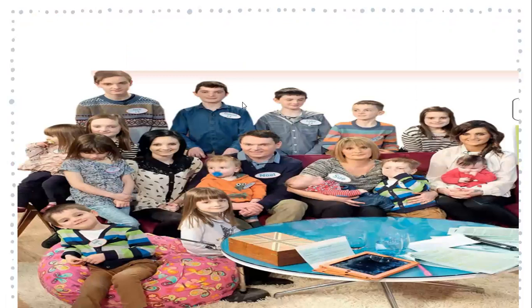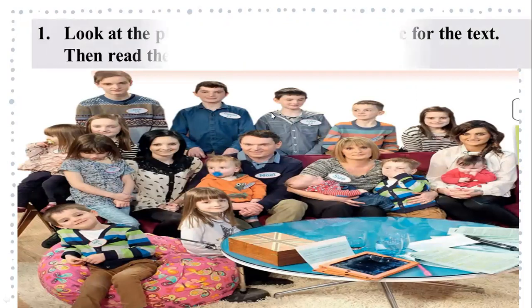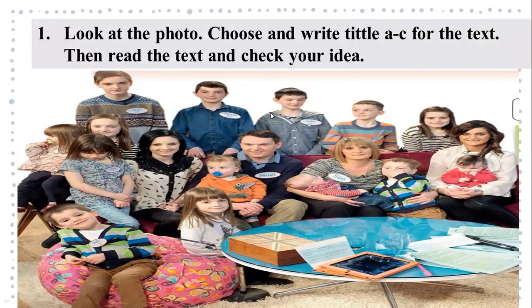Now, I'd like you to look at the picture again and choose the title from A to C for the text. Then read the text and check your idea. A, a big family, big problems. B, an easy life for breakfast. C, happy house. Okay. Now 1 minute for you.